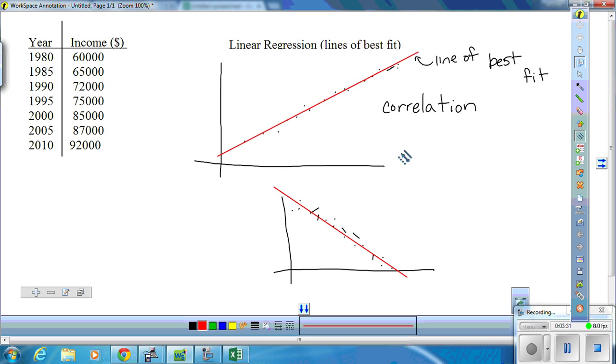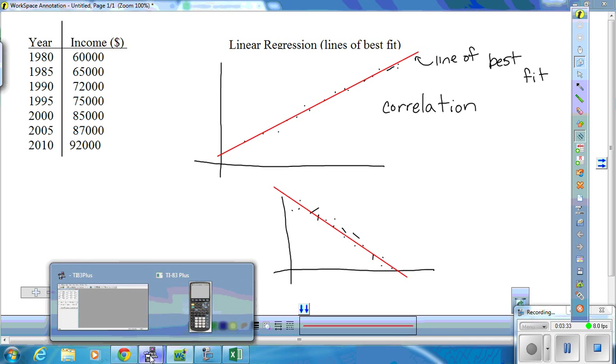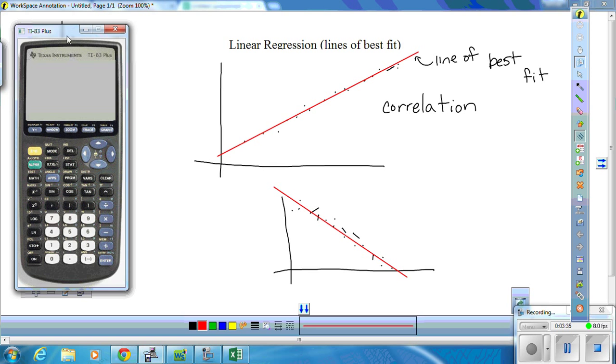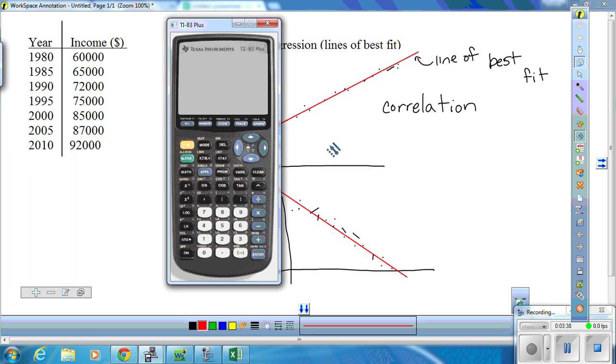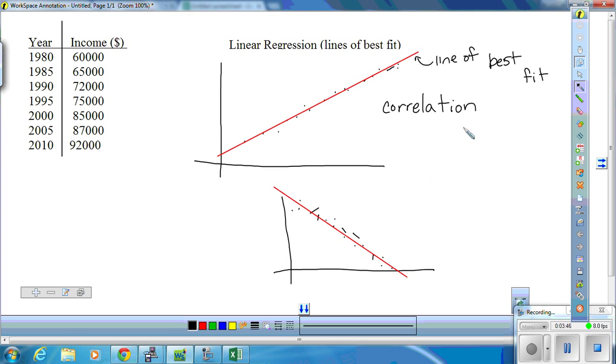So if you go on your calculator, there is a way for you to put data into your calculator, and then it will find the equation for the line of best fit. And the equation of a line of best fit is we usually call the model. It models that data. If you're ever doing a problem and they ask you to find a model, what they're asking you to find is the equation for the line of best fit.